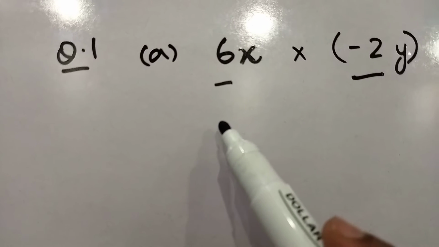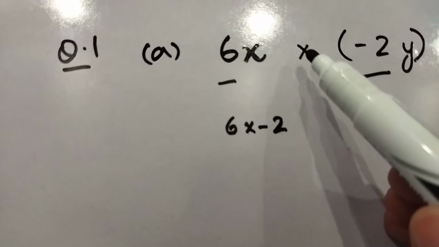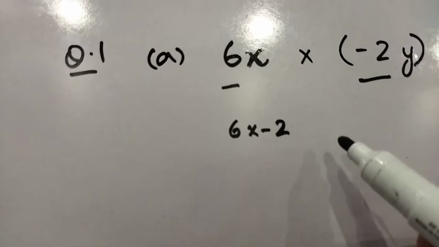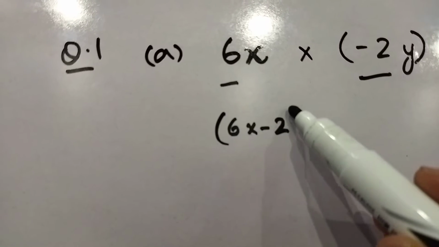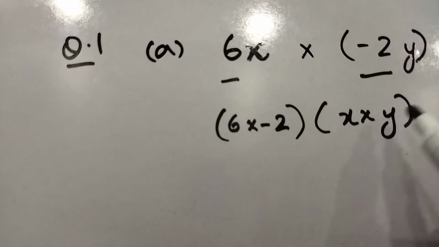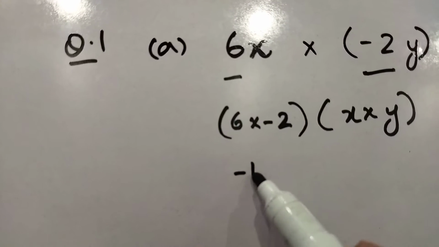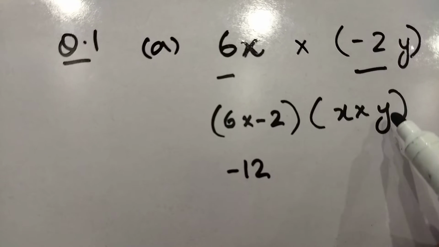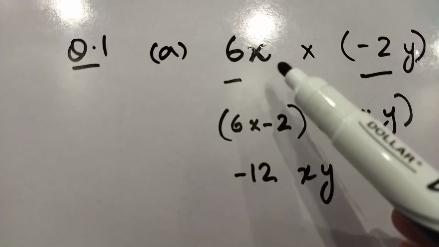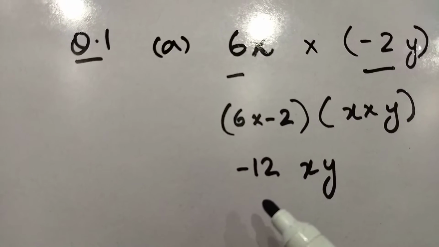So we are going to multiply them together like this: 6 multiplied by minus 2, and then we have two variables x and y. So we are going to multiply x with y, right? So 6 multiplied by minus 2 gives us minus 12, and x multiplied by y gives us xy. So the answer to 6x into minus 2y is minus 12xy, right?